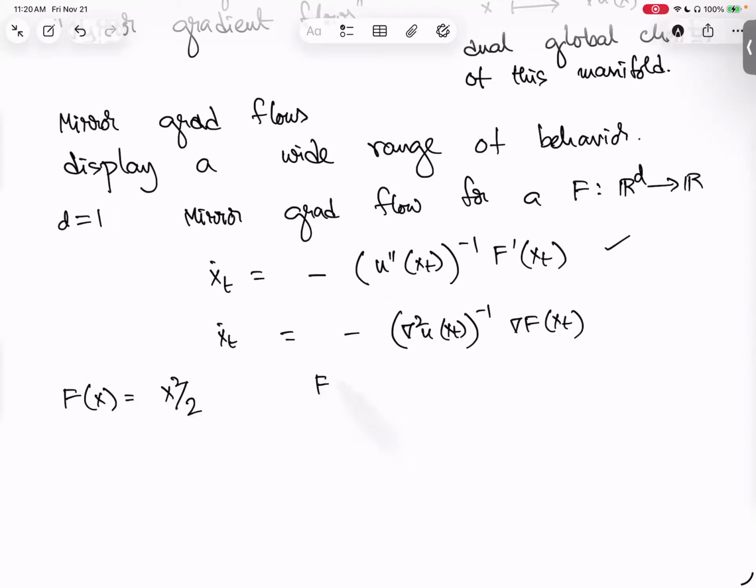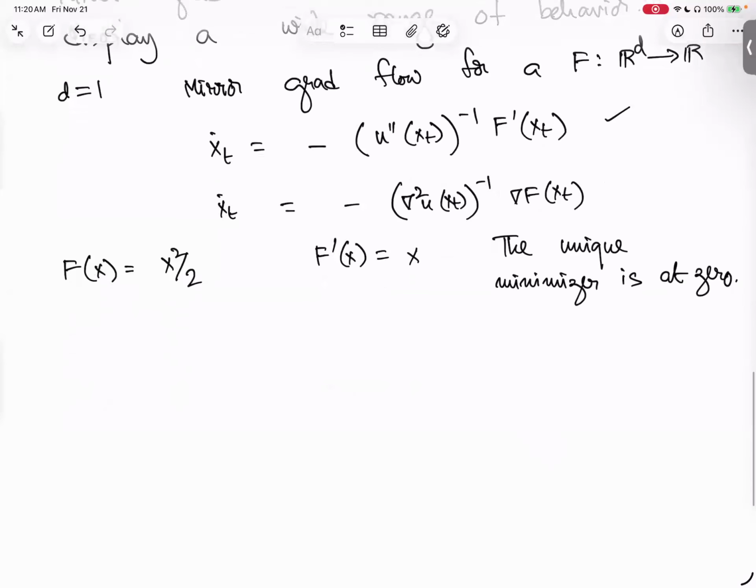I know that f prime of x is x, and I also know that the unique minimizer is at the origin. It's a super nice function. Now let's see what kind of mirror gradient flows I get.